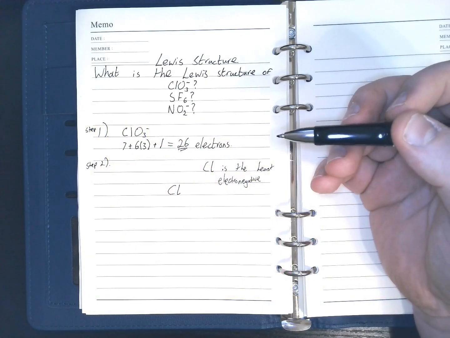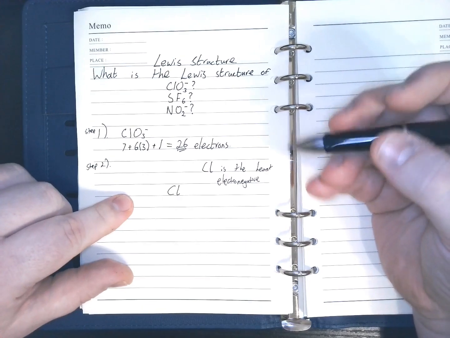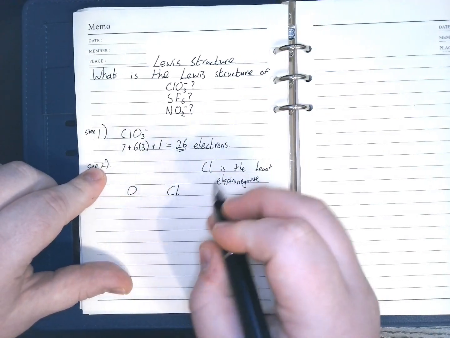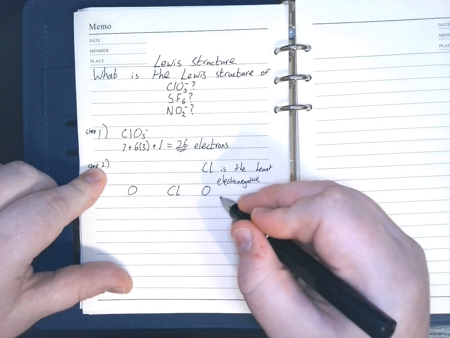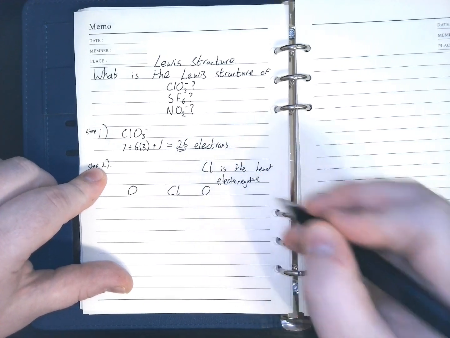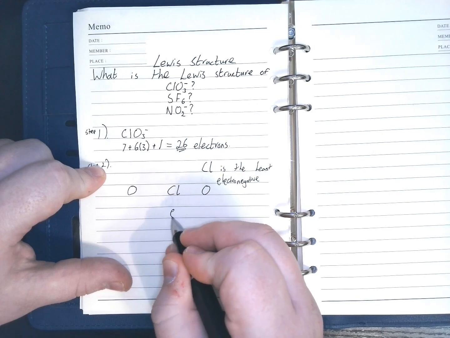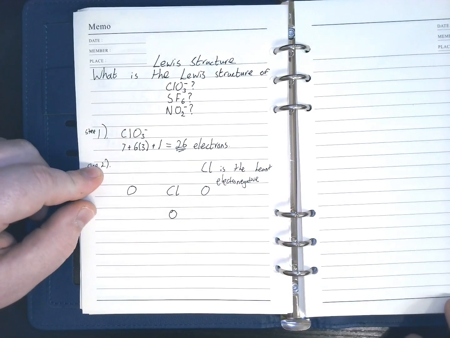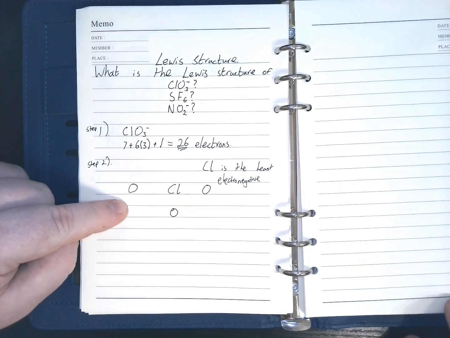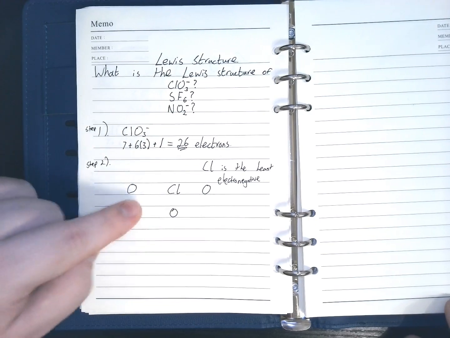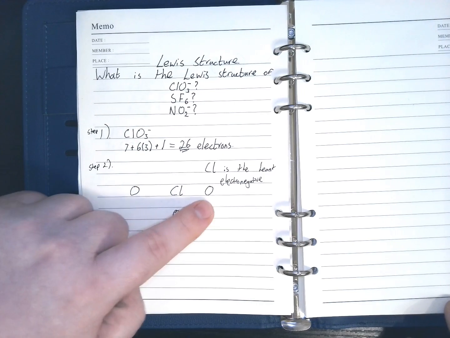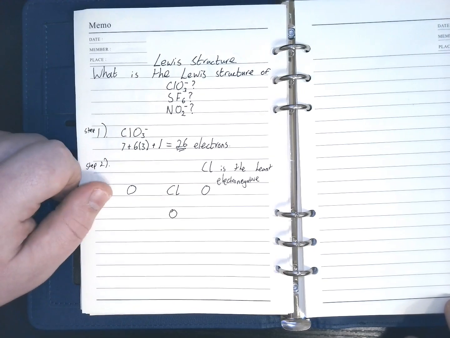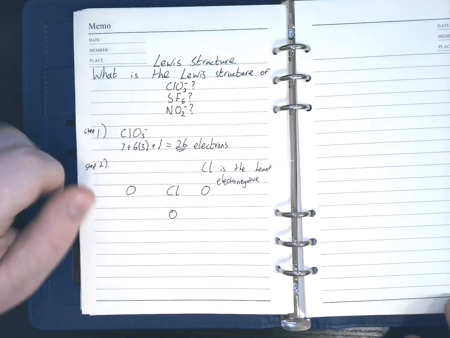So around the outside of chlorine we have oxygen. We have an oxygen here, and an oxygen here. Sorry, it's a little bit tight on space there. And we're going to put an oxygen down here. As you know, these are all bonded. Oxygen is bonded to chlorine, oxygen is bonded to chlorine, and this oxygen is also bonded to chlorine.